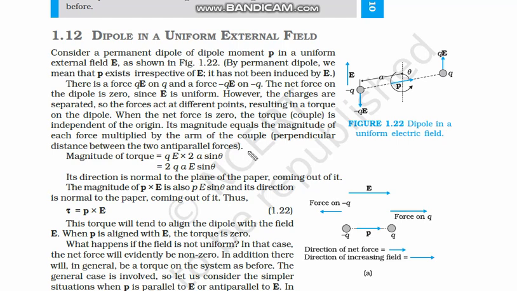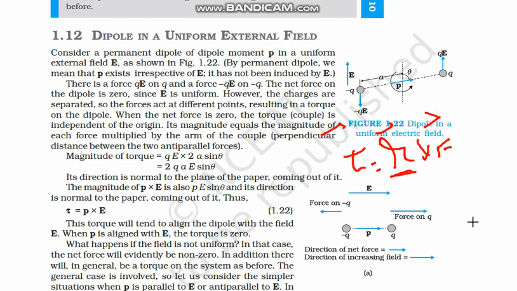Remember, in class 11 we studied torque, where torque was simply tau equals r cross F. Remember, all these are vector quantities. So torque was not simply dependent on force, but on the perpendicular distance of the arm from that force.